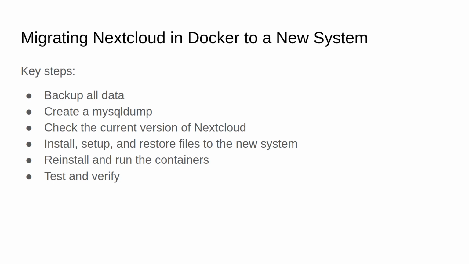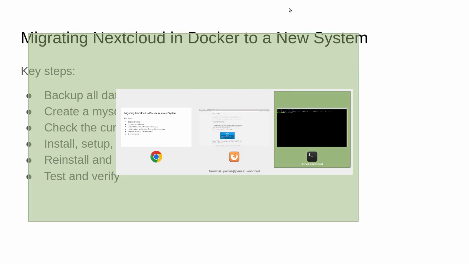So I'm going to do a demonstration of that, and then also talk about a few gotchas when it comes to Nextcloud itself, particularly if you're restoring from a Docker-based instance as I am. So for this, we're going to look at the command line.